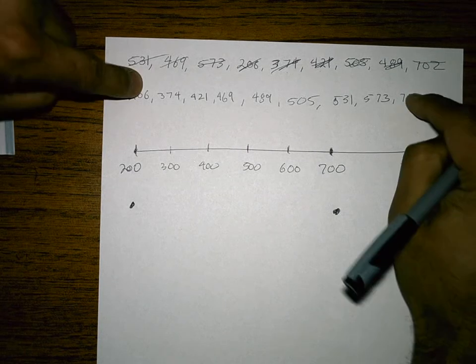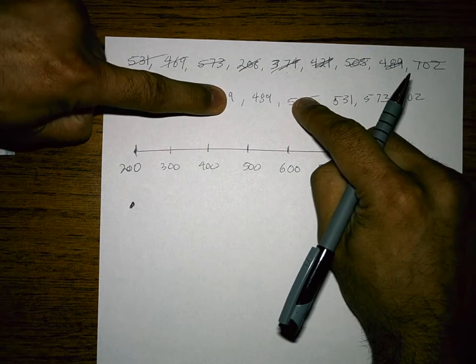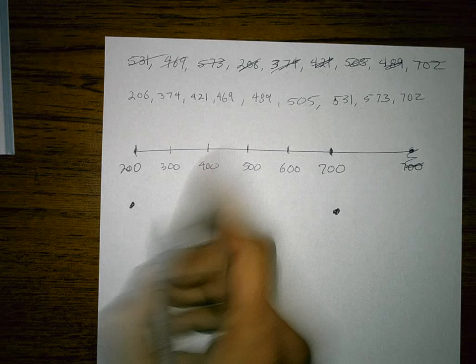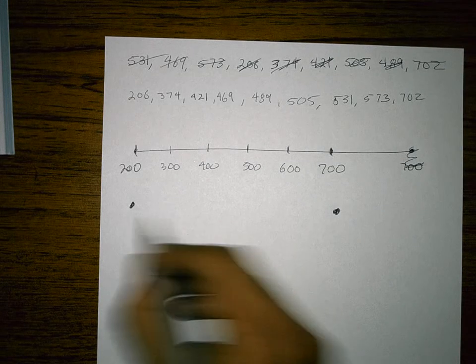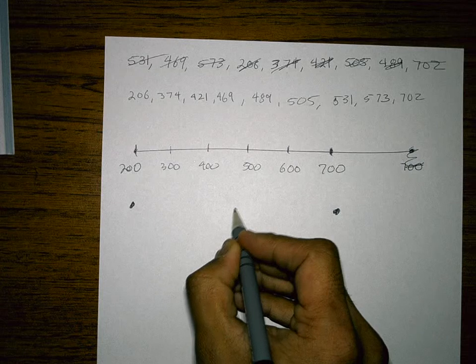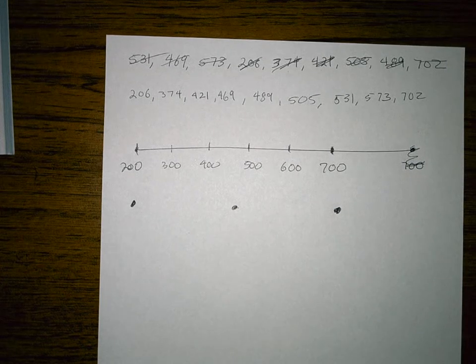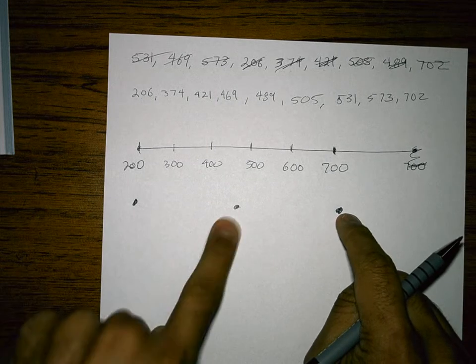By eliminating from both ends, that's 489. So here's 490, I'd say it's about right here, just a little bit less than 500. That's my median.